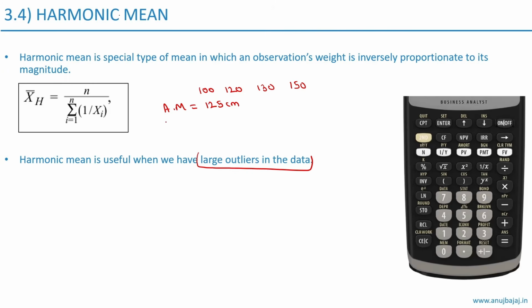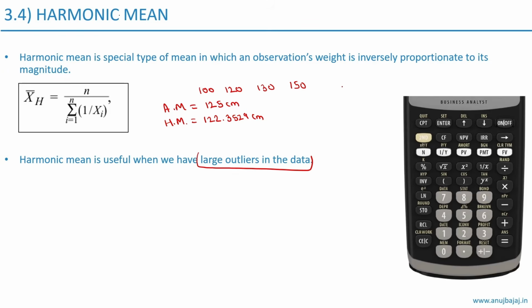And the harmonic mean will be the sum of the reciprocals of these observations and the entire sum divided by 4. I hope now you know how to perform the harmonic mean calculations. So the harmonic mean will be 122.3529.